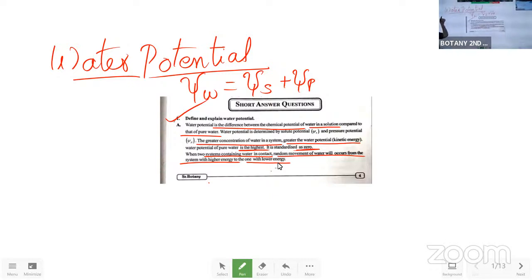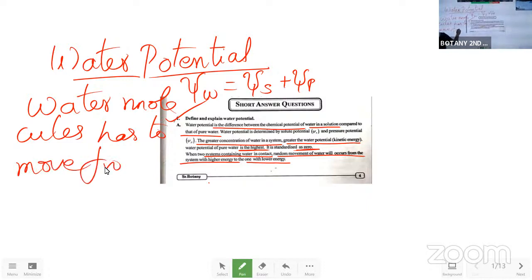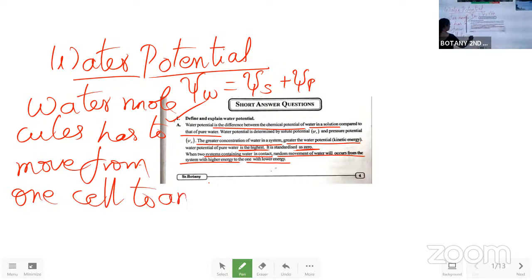When the water molecules have to move from one cell to another cell, from which area to which area does it occur?